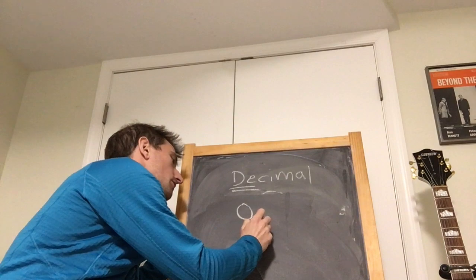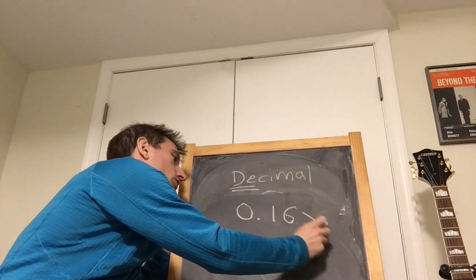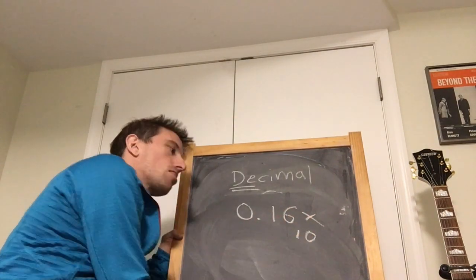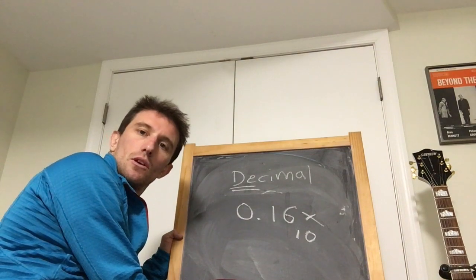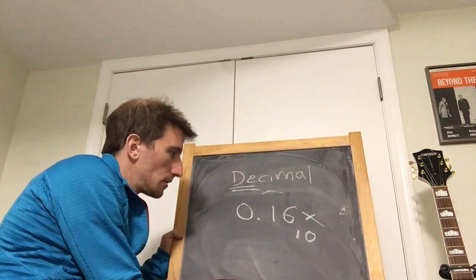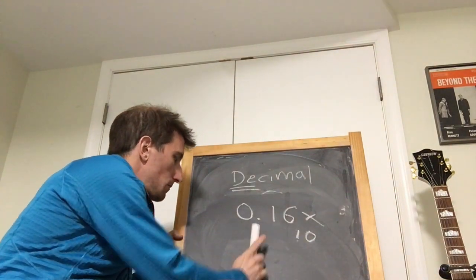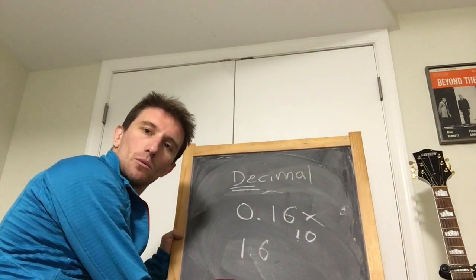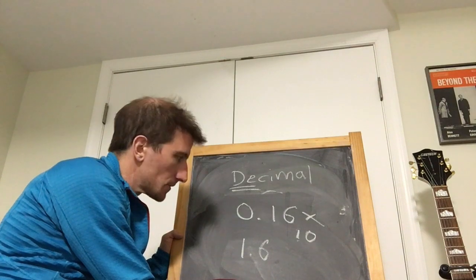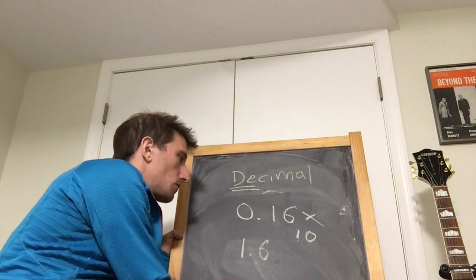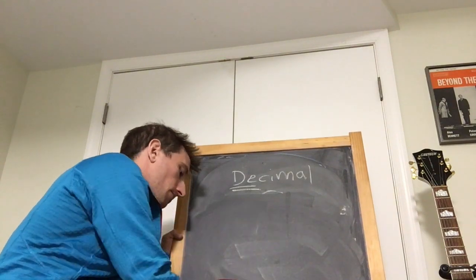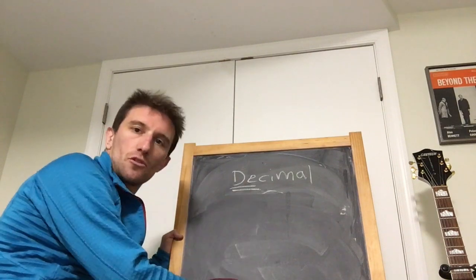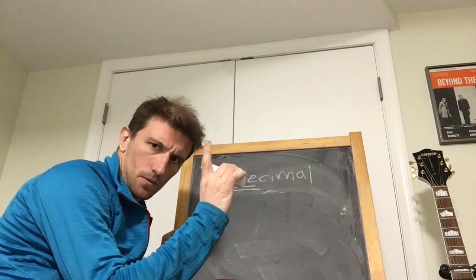So 0 and 16 hundredths, if I'm multiplying by 10, everything needs to move up 1 place, and then I'd end up with 1.6. Always remember your decimal system, very important.